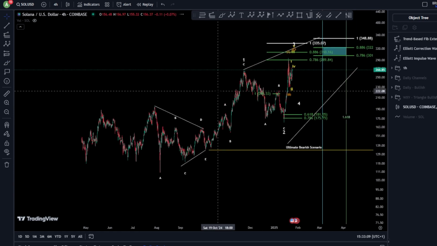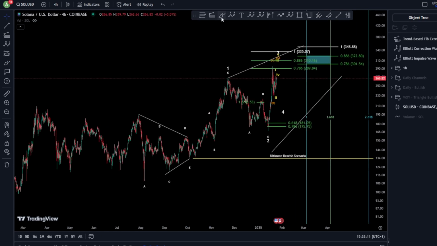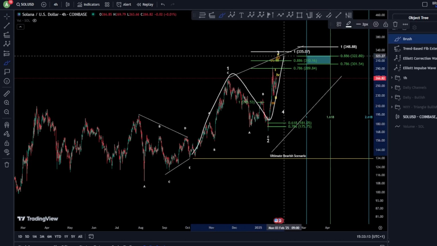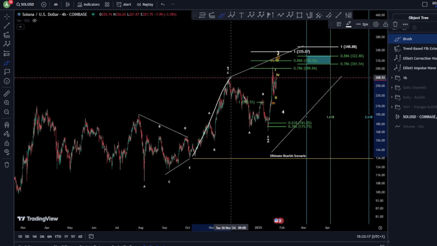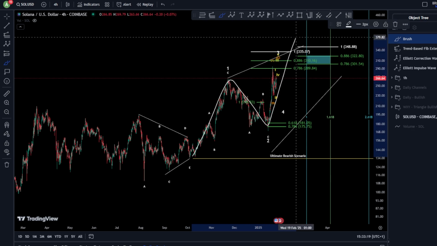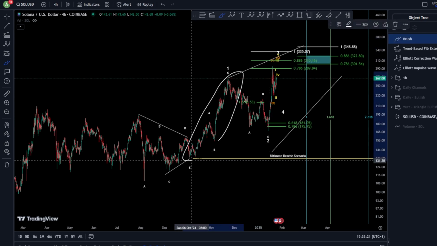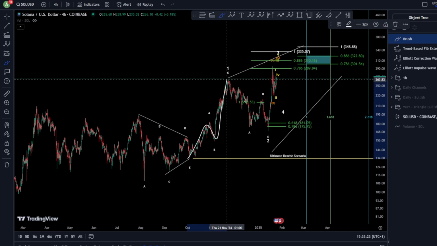What would happen in that scenario if we invalidate this contracting diagonal with a long wave here? Then it will transform this into 3 waves and not impulsive waves, because we don't have a 1, 2 here. This is an ABC zigzag.